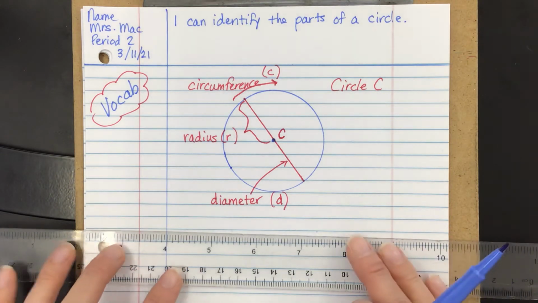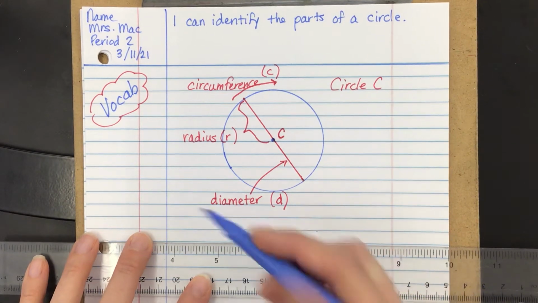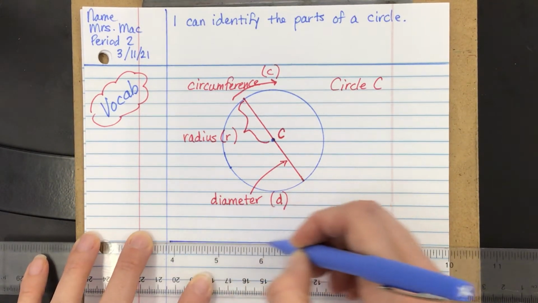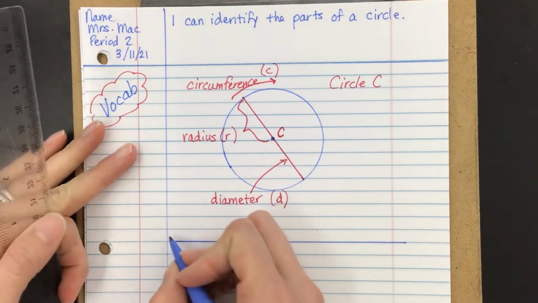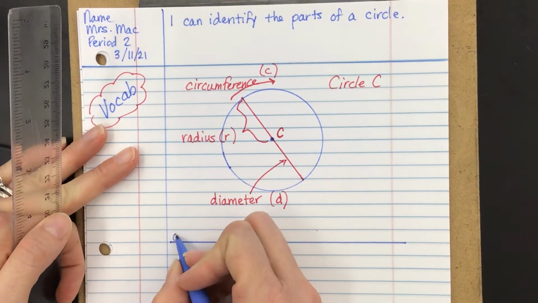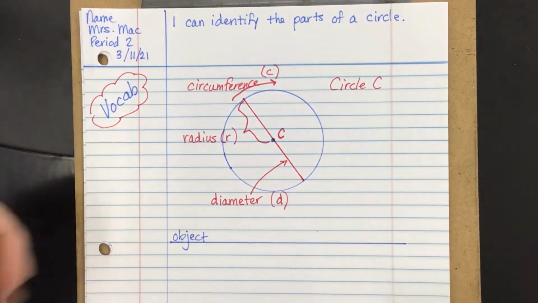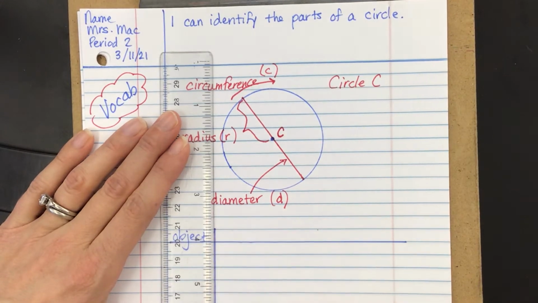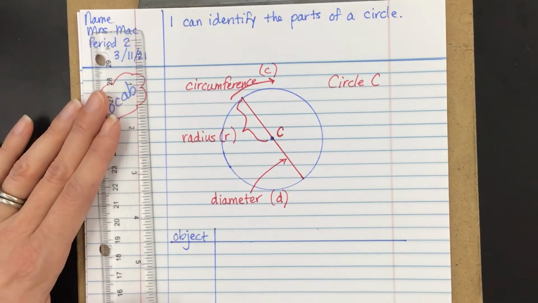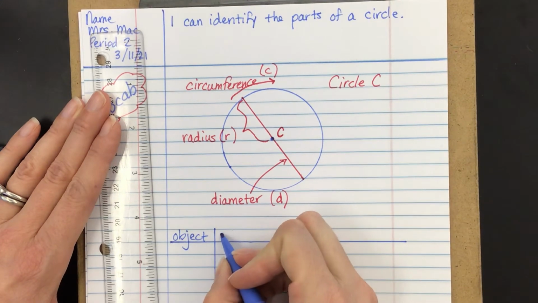Okay. So now what I want you to do is set up a simple chart, because you guys are going to be collecting some data. You're going to tell me what object you're measuring. So object. You're going to measure the circumference of that object.